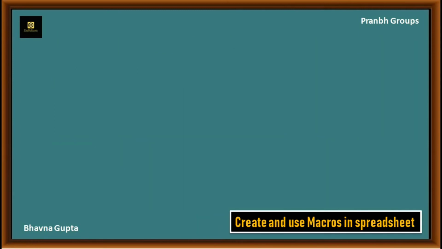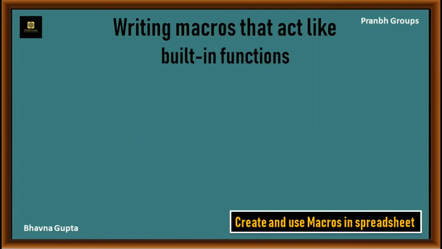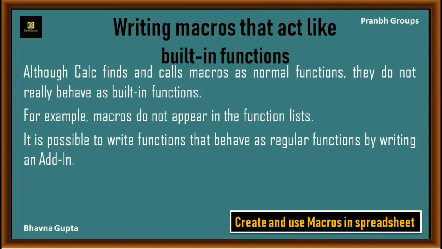Next topic, writing macros that act like a built-in function. Although Calc finds and calls a macro as a normal function, it does not really behave as a built-in function, meaning a predefined function like sum, average, min, max.